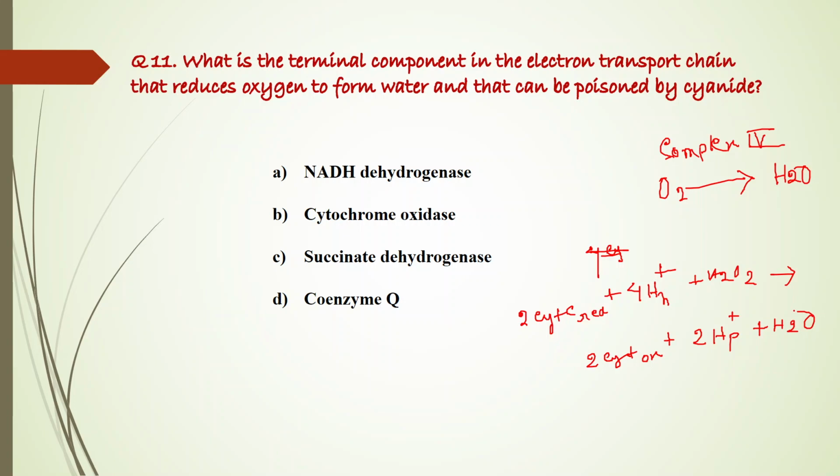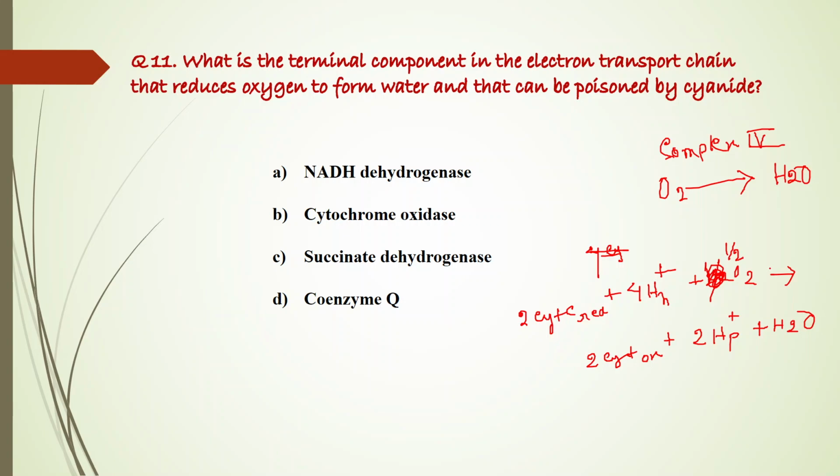Out of these 4 complexes, in the fourth one we have this, I think this one is looking like H2O2. Let me write it down. This is half O2. This is basically half O2 that I was trying to write. Okay. So this is the reaction that was involved in the conversion of oxygen to H2O.